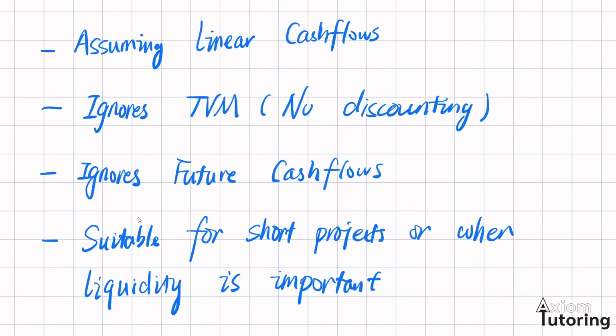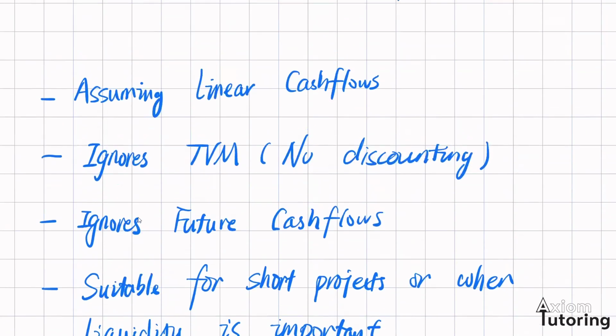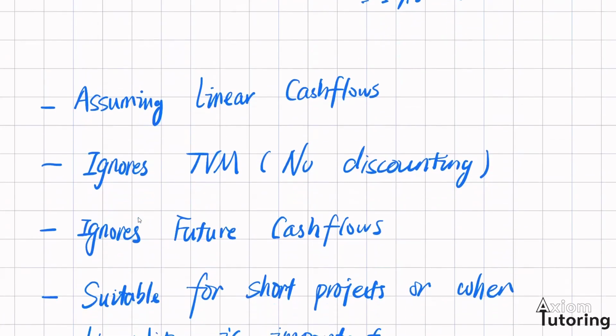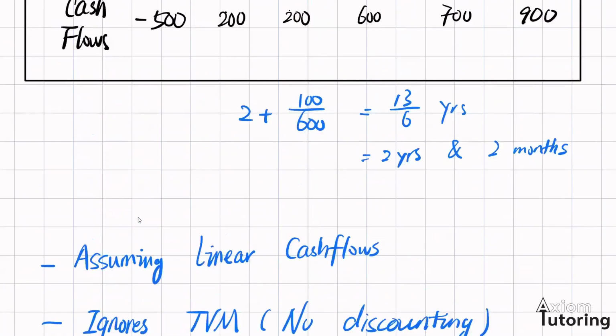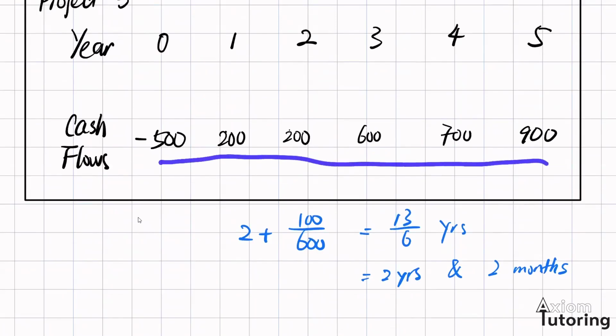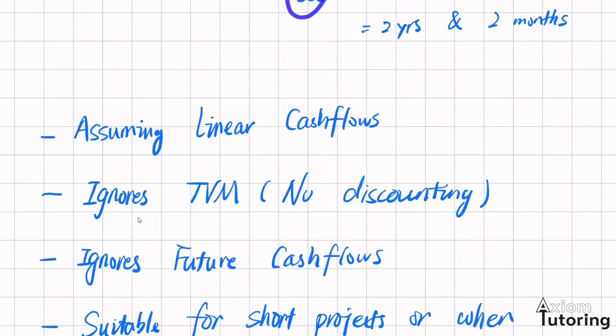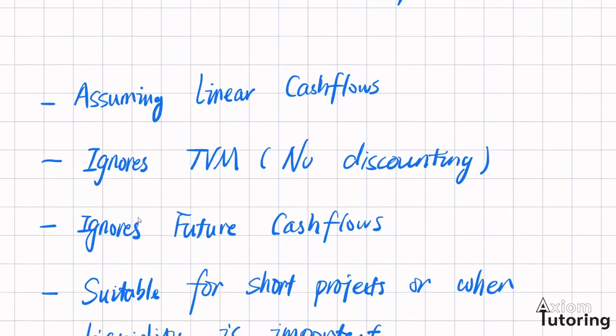But sometimes in several textbooks or in your university lectures, you will be provided with a discounted payback period. So you will be provided with a discount rate. So you can discount these cash flows and then work out a discounted payback period. So these numbers will be different because you'll be using the discounted cash flow here. Okay? But then if you're provided with a discount rate, why not just use NPV instead?